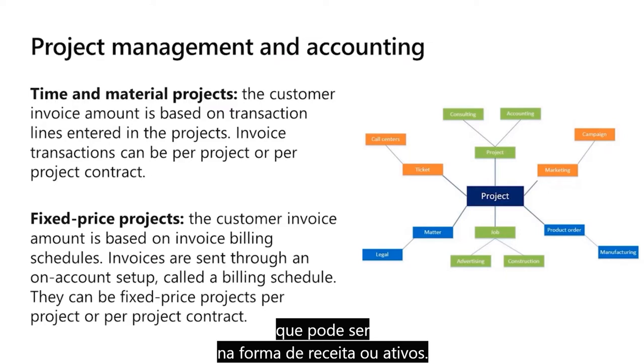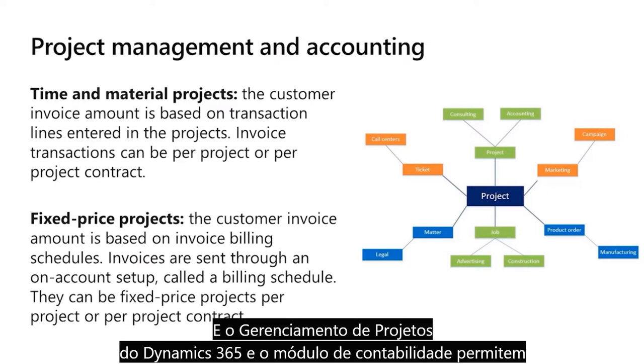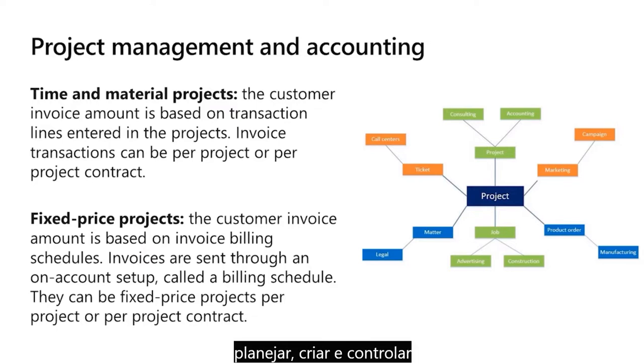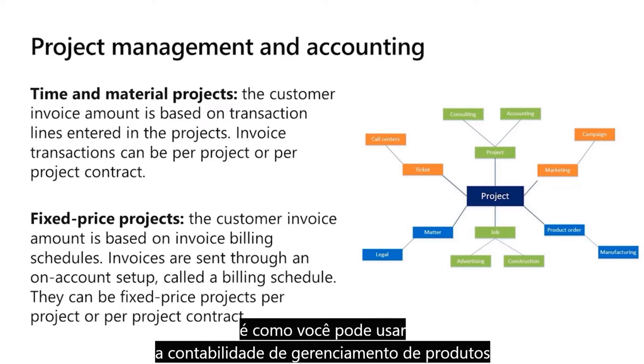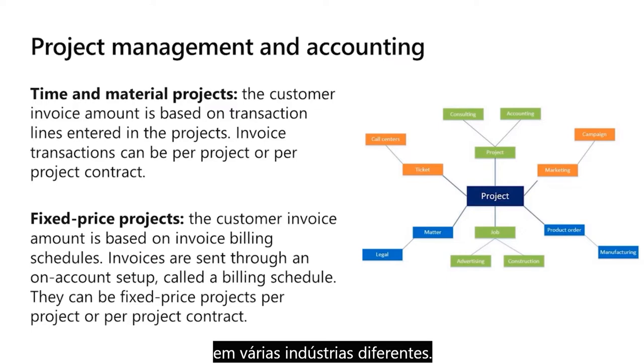And this could be in the form of revenue or assets. And Dynamics 365 project management and accounting modules allow you to plan, create, and control all of those projects. Now, what I have here on the screen is how you can use the project management and accounting in a number of different industries.